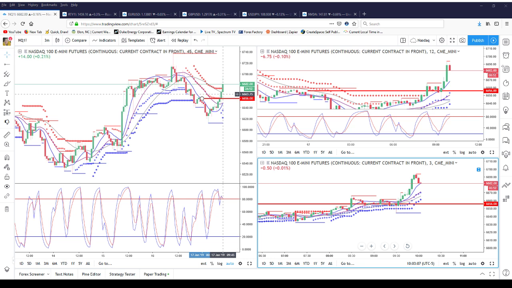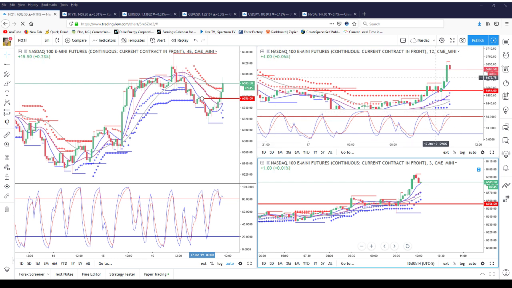Now you do have the trend divergence developing over here. You also have it on the 12-minute, so it should push it down some.